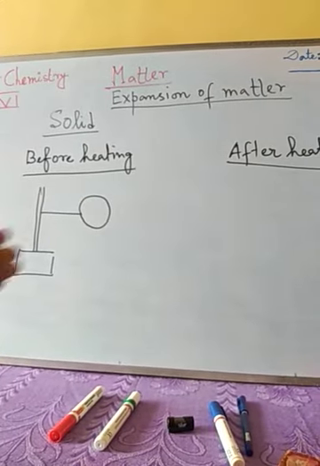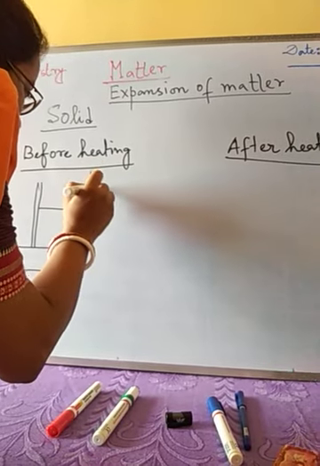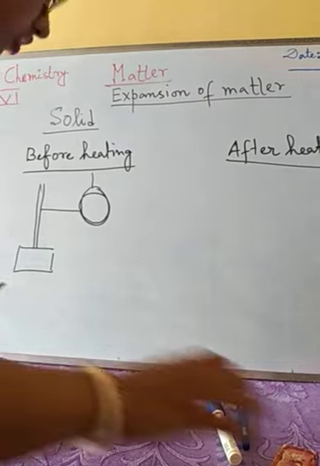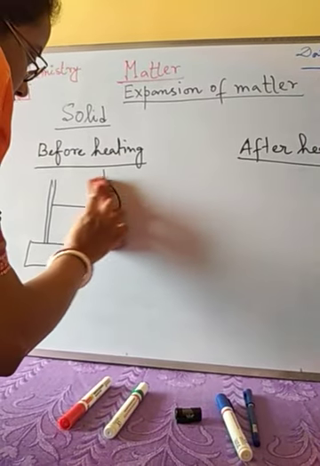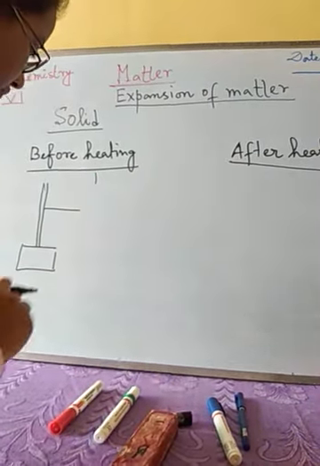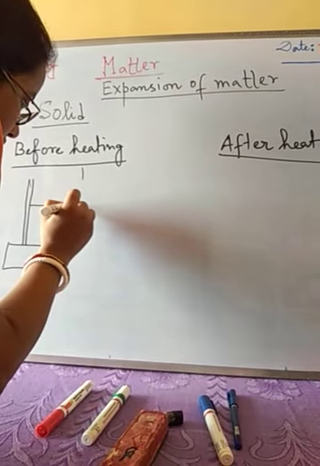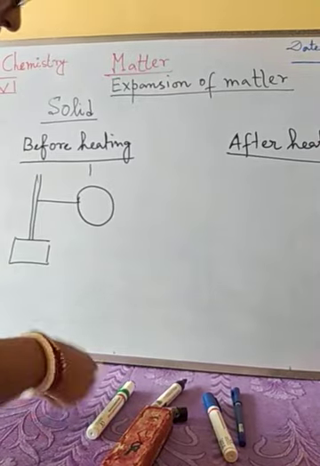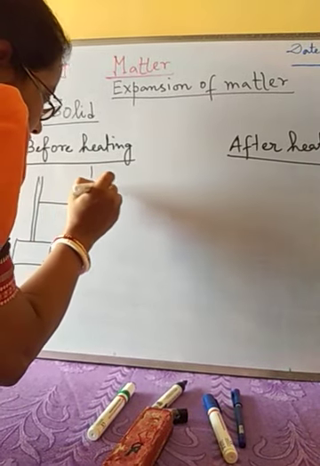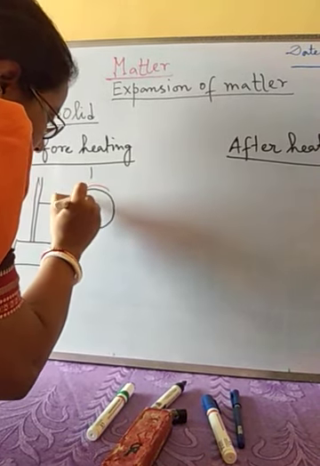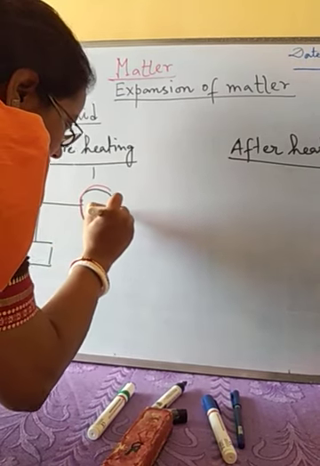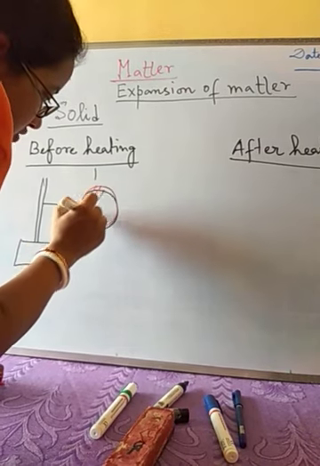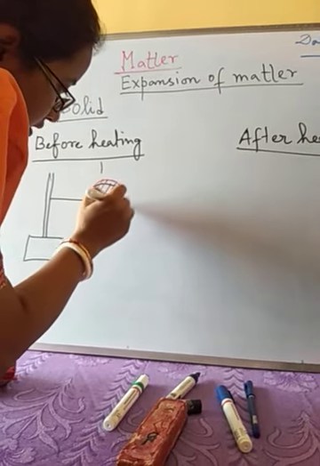This is the ring, and let us draw the ball with some other color, then we can see it properly. See, this is the ring and I am drawing the ball with red color. The ball is of smaller diameter than the ring. So this is the ball.